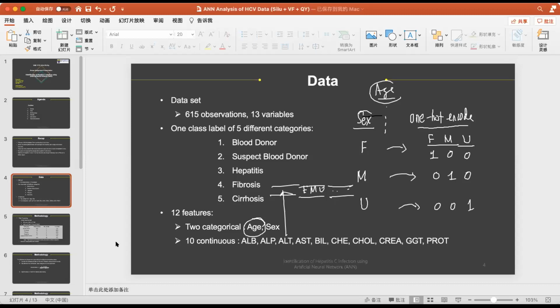I just treat it as continuous. Maybe there's a blurry boundary between categorical and continuous, which is why I put it under categorical. So if you put it here, then you do your min-max normalization. Yes.